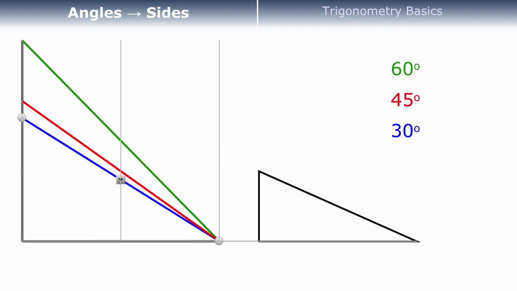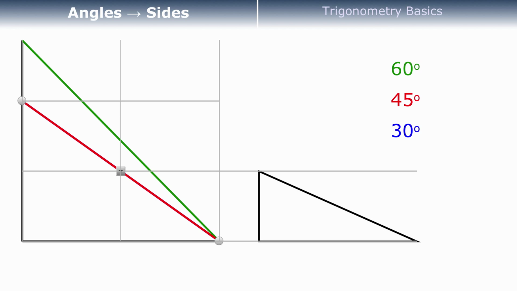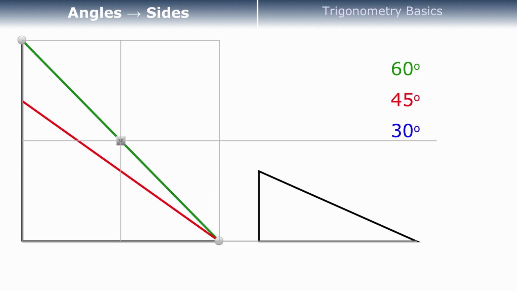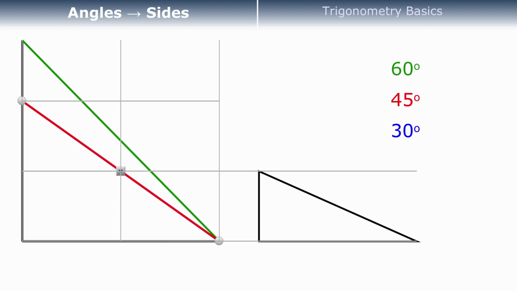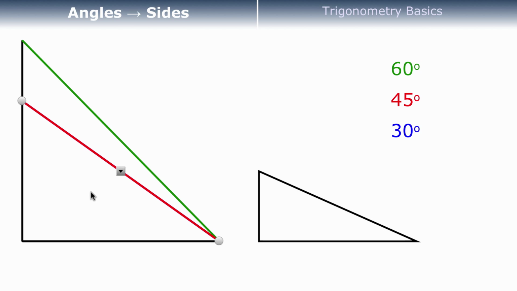As I make that angle bigger, say up to a 45 or up to a 60, let's go with the 45. It's not exactly 45, but close. If this is a 45-degree angle here, then the ratio between this side and this side has to be the same. If it's 45, then this is a 45.